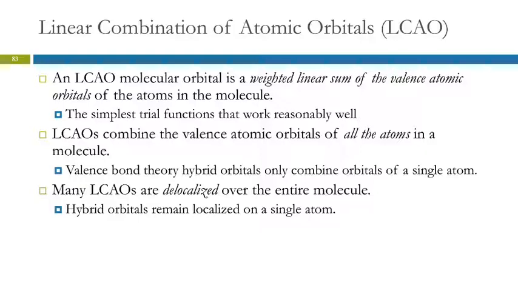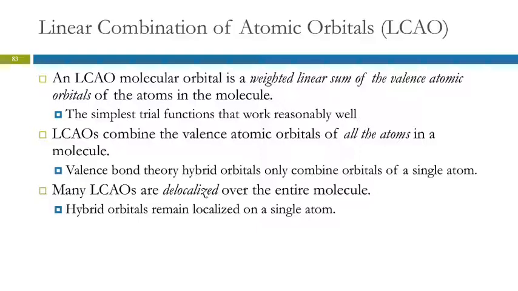It's the simplest trial function that works reasonably well. These linear combinations combine the valence atomic orbitals of all the atoms in a molecule. Not just the two atoms in a bond, but all the atoms in the molecule. That's why it's called molecular orbital theory.